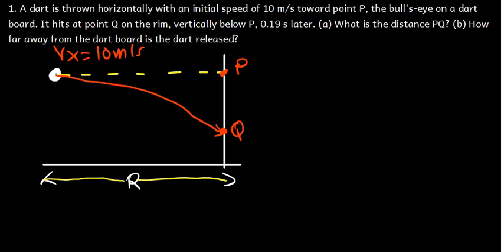The velocity in y direction is going to be 0. They have not said anything about y, so the initial velocity in y direction is going to be 0.